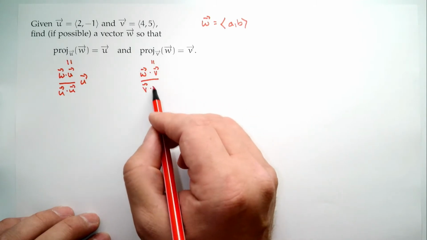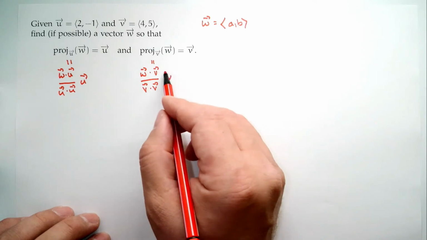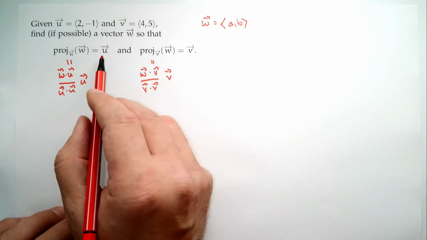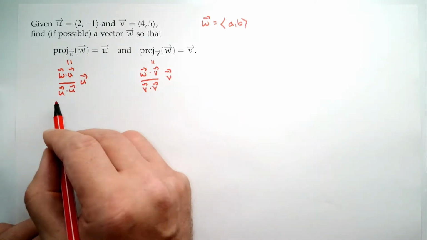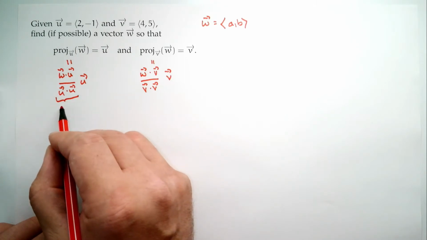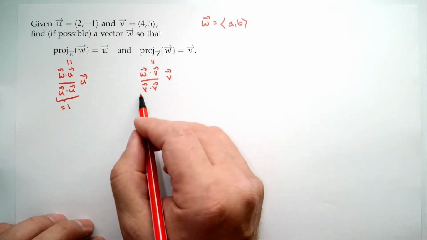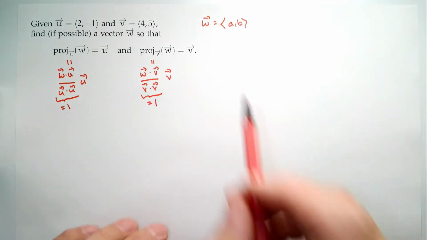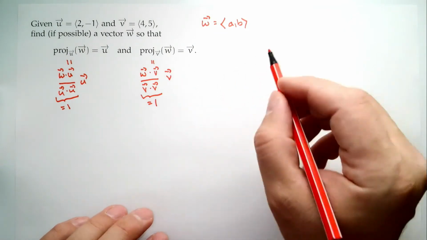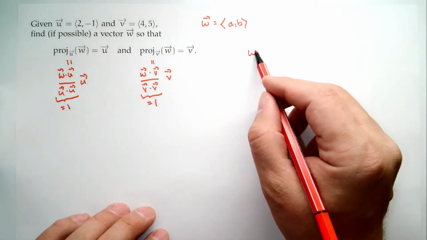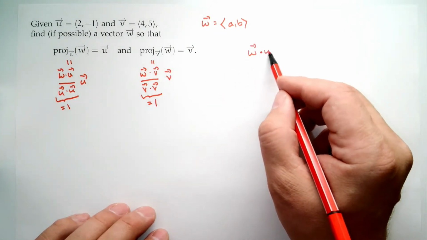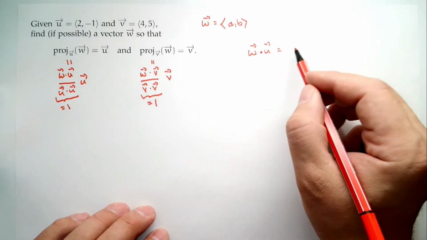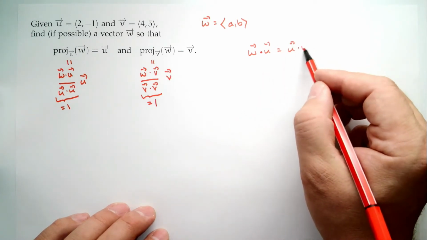So what needs to be true? In our first case, if I want to end up with u, the part in front had better be equal to 1. So we're looking for some w such that when I take w dot the vector u, that's equal to u dot u.